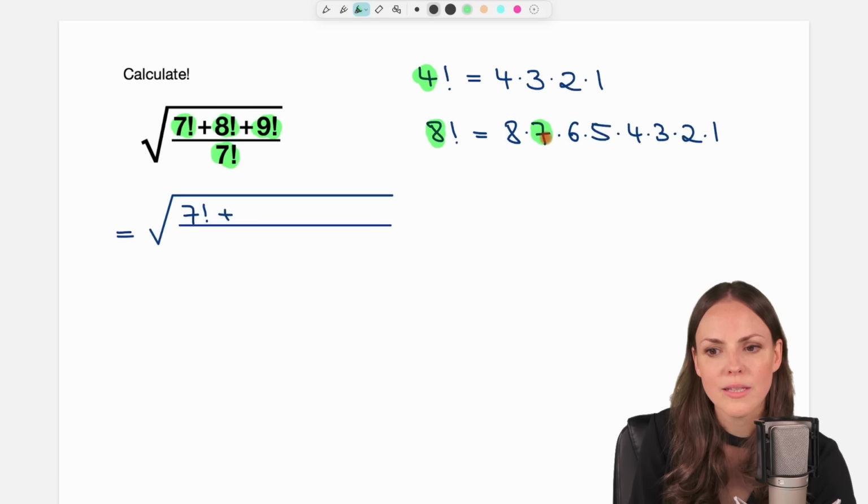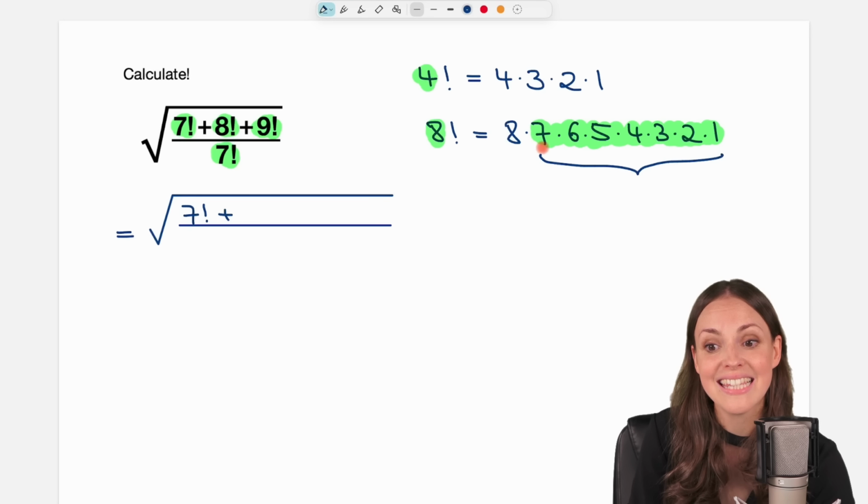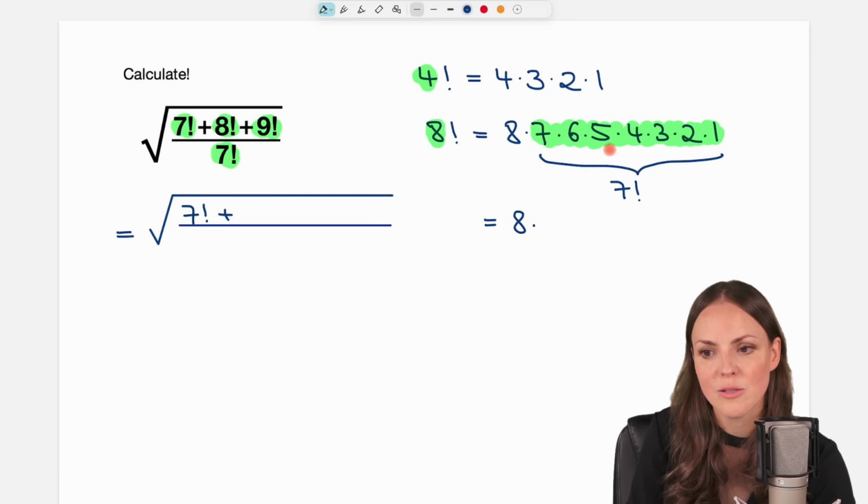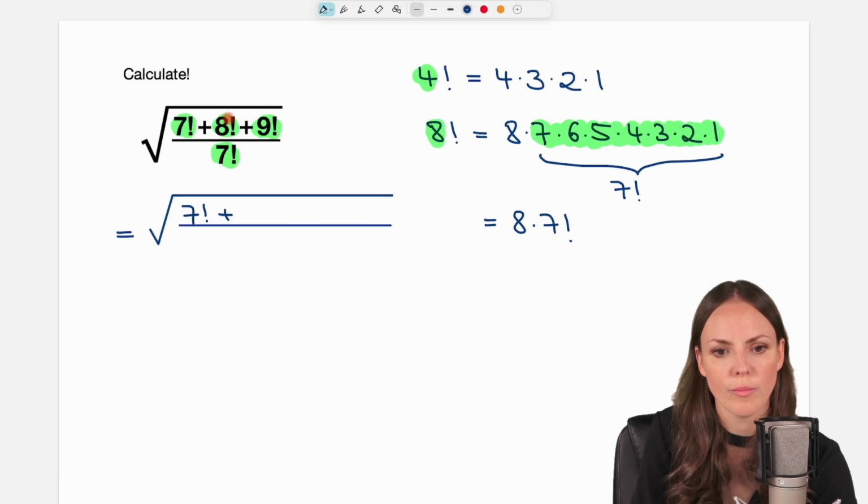Well, if we start with the 7 and multiply until we get down to 1, yes, this part here is 7 factorial. So I can write the 8 factorial as 8 times 7 factorial. Instead of my 8 factorial, I'm going to write this, so that I have my 7 factorial in here, what I had here as well, and what I have down here as well.